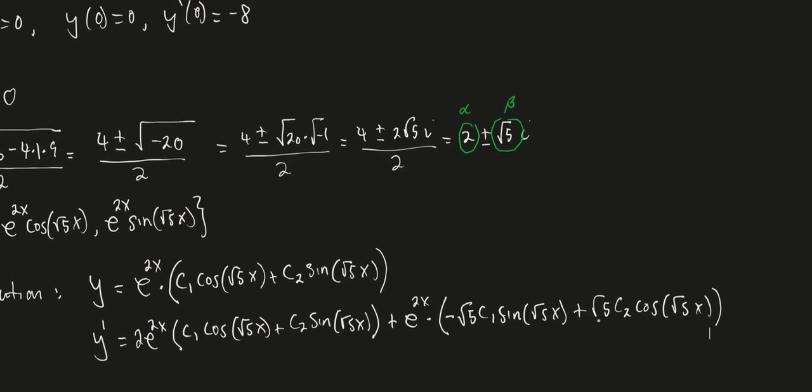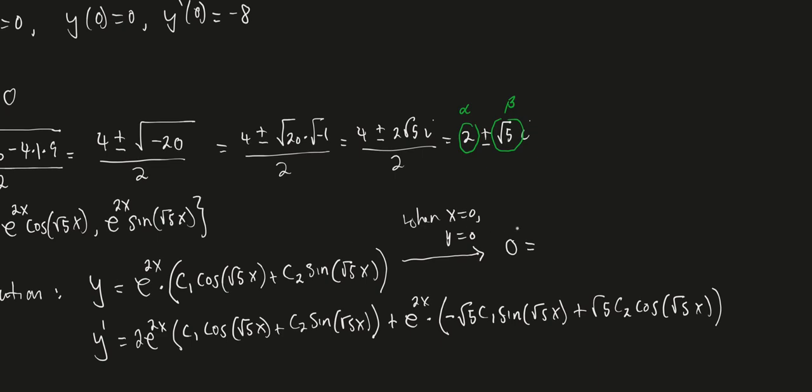Now let's go ahead and apply the condition. So I'm going to start with this one and say, well, what do I get knowing that when x is equal to 0, y is equal to 0? So let's write that down here. So when x is equal to 0, y is equal to 0. So I'll put a 0 there for y.